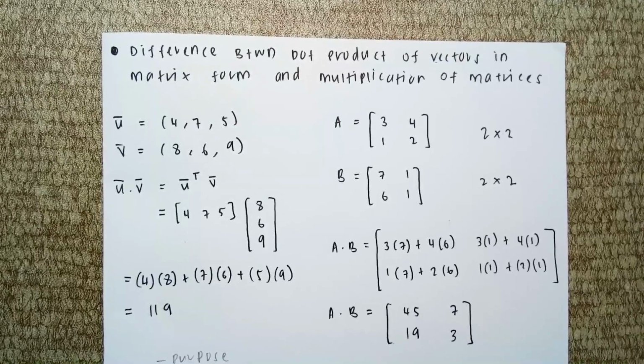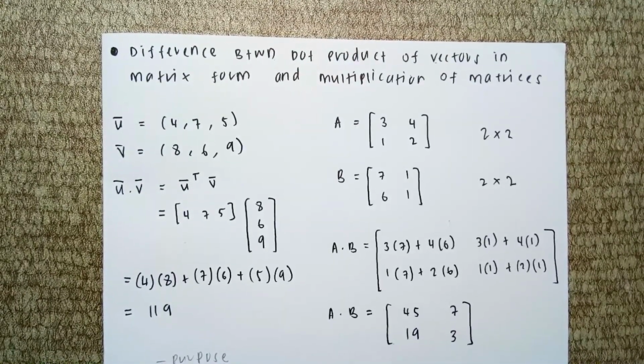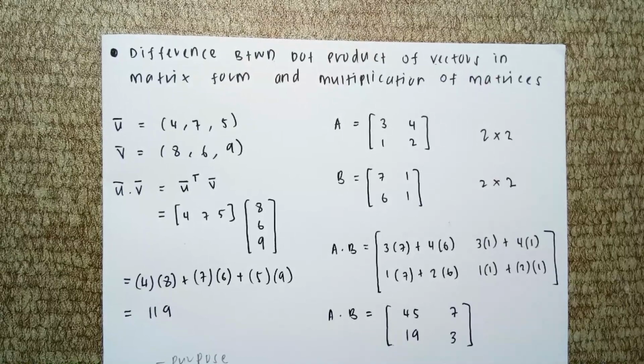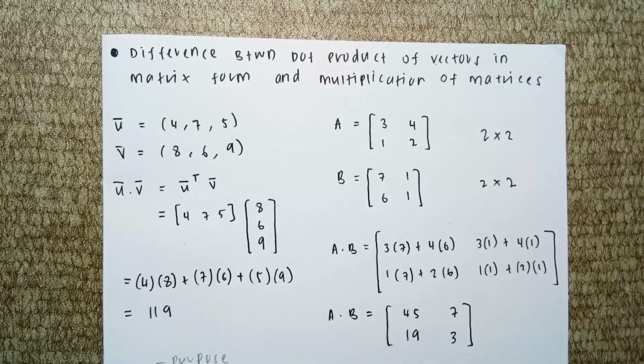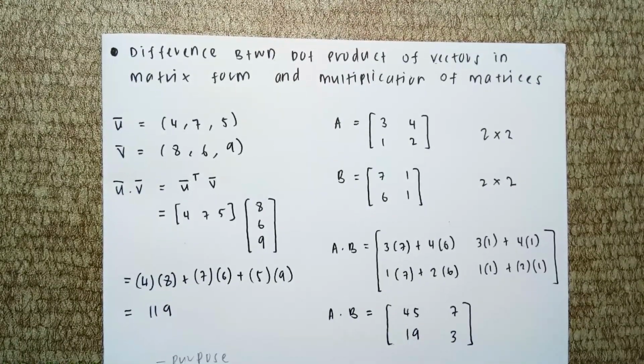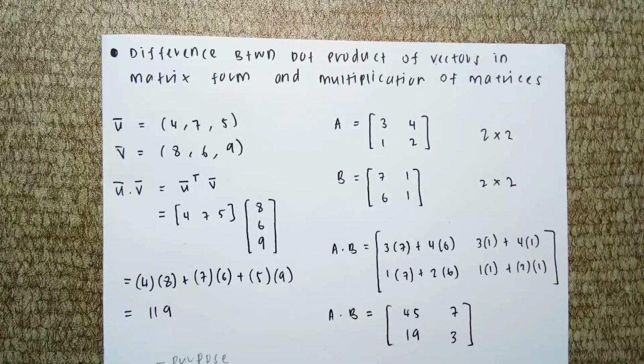So the next part is, what is the difference between the dot product of vectors in matrix form and multiplication of matrices? If we want to find the difference, of course, I have to give you some examples so that you guys can understand it easily.